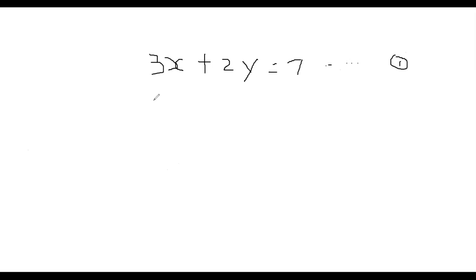Equation 2, we have 5x minus 2y equals 1.